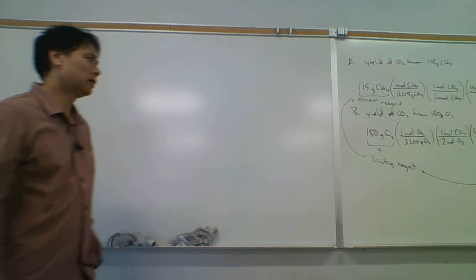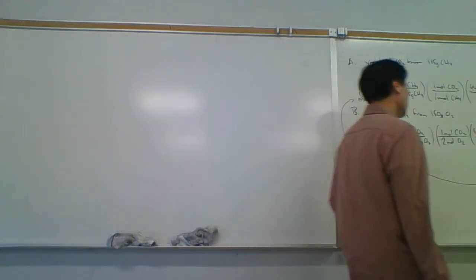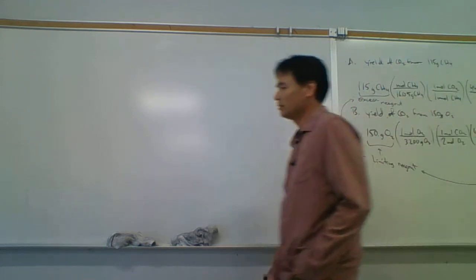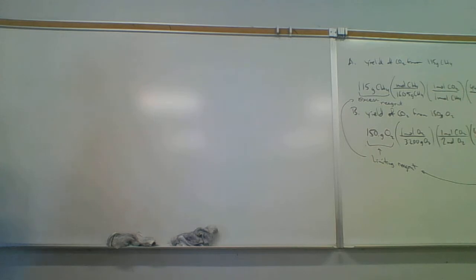So the yield of CO2, how much CO2 am I going to form from this mixture of 115 grams of methane and 150 grams of O2? Only 103. And I'm going to have some excess methane left over. And so that's going to be one last calculation here.